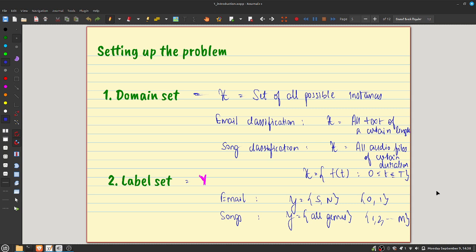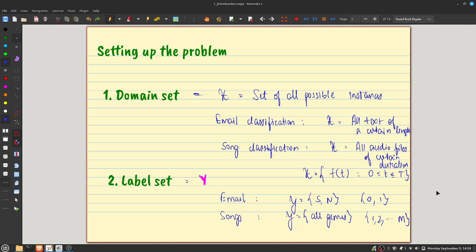And the labels could correspondingly be, for the email example, whether it is spam or not. Those are two different labels. For songs, maybe you want to classify them into different genres, so the set of all possible genres is the label set. For images, maybe you want to say whether there is a particular kind of object, maybe a car or a cat or a dog in it or not.